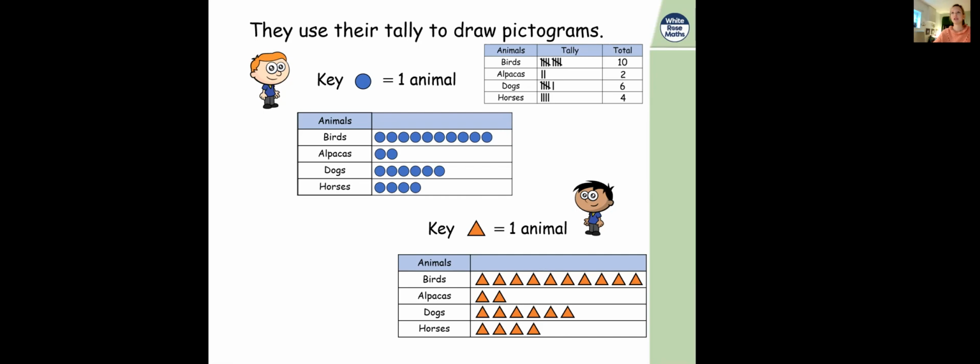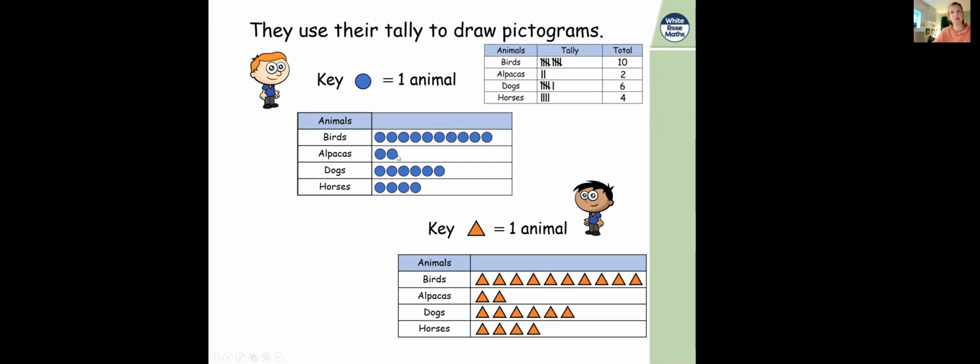So for every pictogram, you have a key. And we'll go more into that in a moment. But if we have a look at this top one with this lovely ginger boy, his key is a blue circle. And 1 blue circle equals 1 animal.